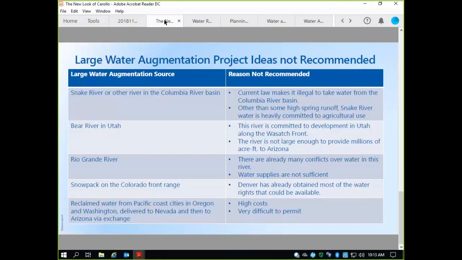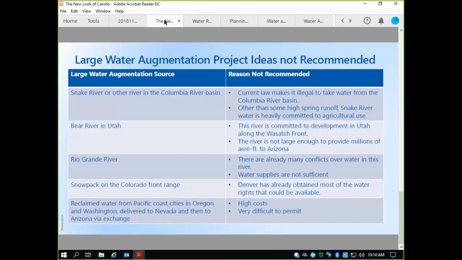The Snake River or other river in the Columbia River Basin, bringing water from there down to here through some mechanism. The challenge with that is that it's illegal to take water out of the Columbia River Basin as laws sit currently. And some of the rivers, like the Snake River specifically, have a fair amount of water in the spring runoff, but once you get past that time, for the rest of the year it's all diverted for agriculture in Idaho.